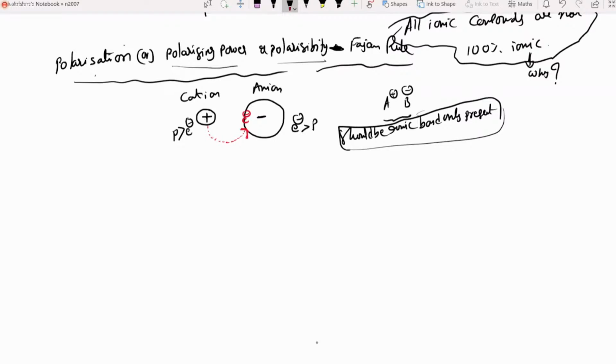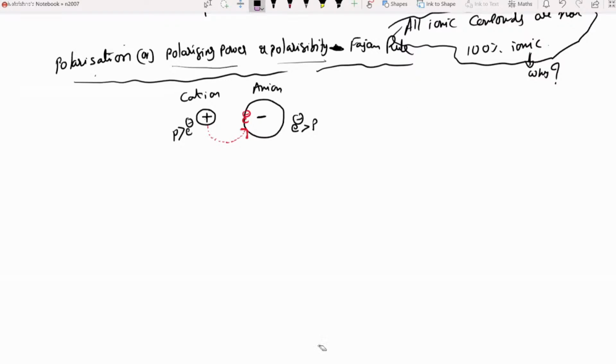Even though this is given, my positive charge is more positive, because the proton number is greater than the electron number. In the anion, the electrons are symmetrically distributed around the anion.